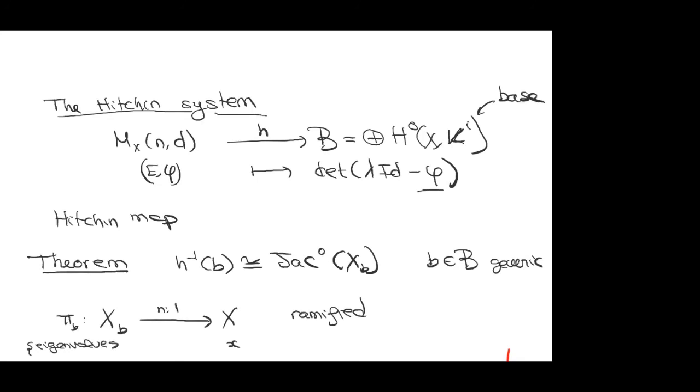There's also the cameral cover, which would parameterize ordered eigenvalues, so eigenvalues of phi of x for phi in the pre-image of b.